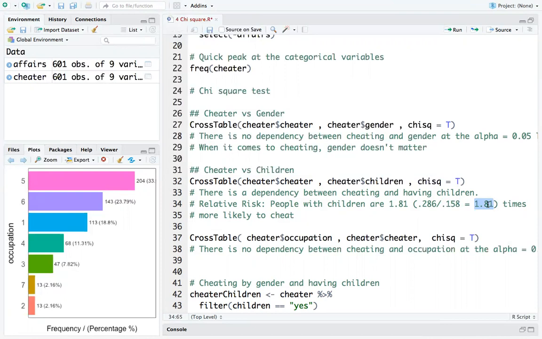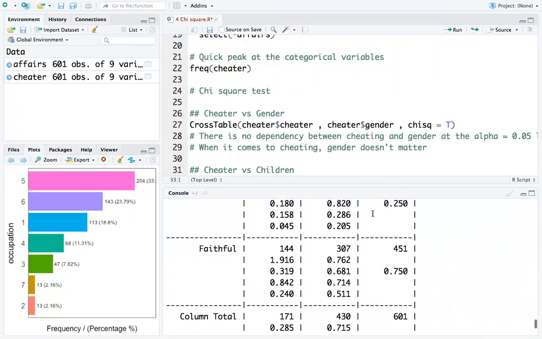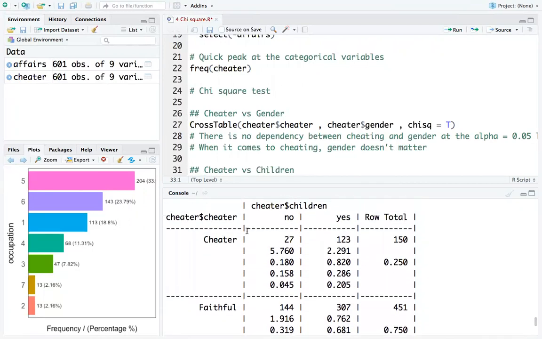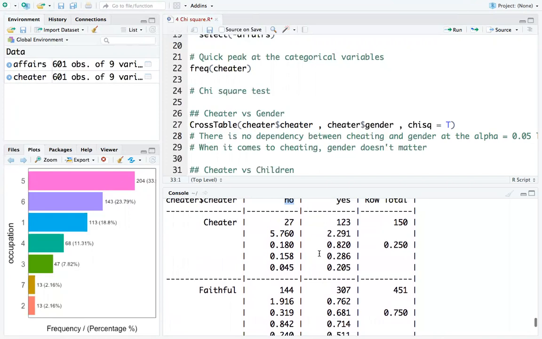So to calculate odds ratios, again, you want the test set up exactly. Okay, I ran this here. Here I have cheater. I actually would like the children to be right over here. Personally, I would rather, because I want my event of interest in this cell. But anyway, that way the odds ratio would be calculated a lot easier.